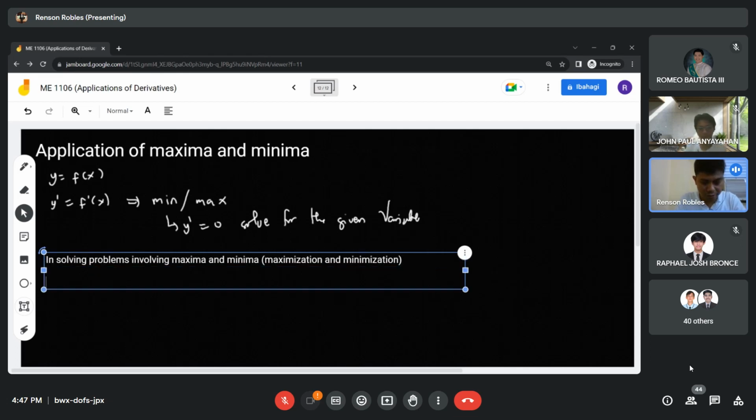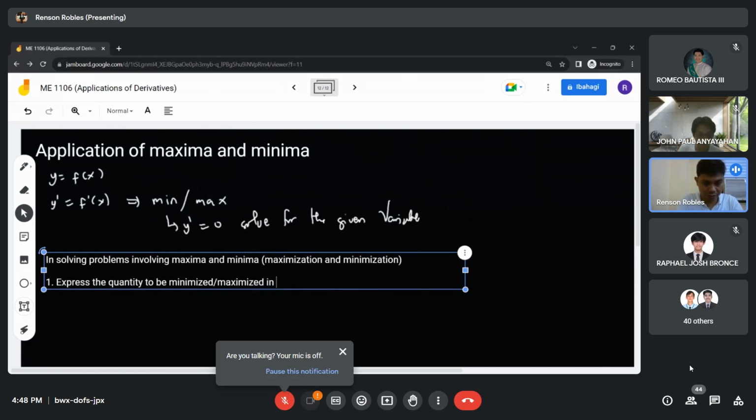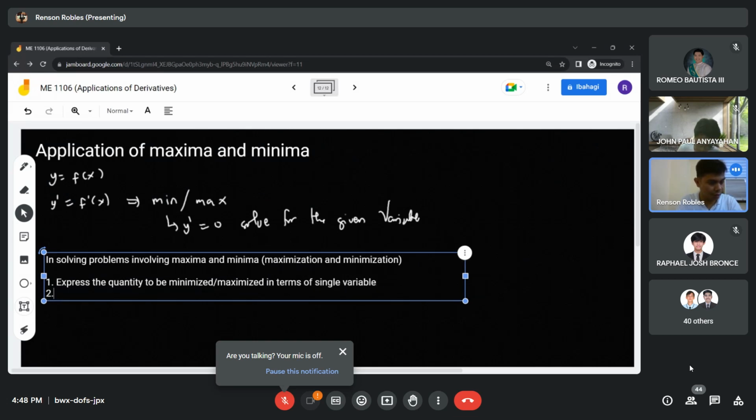Okay. 1. Express the quantity to be minimized or maximized in terms of a single variable. Then after transforming that into a single variable, differentiate the working equation. That's the function.